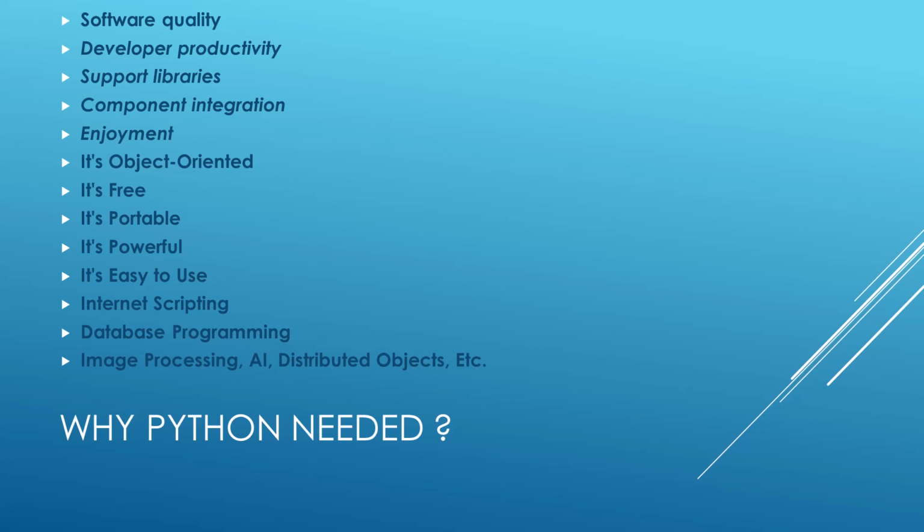Developer productivity. Python boosts developer productivity many times beyond compiled or statically typed languages such as C, C++, and Java. Python code is typically one-third to one-fifth the size of equivalent C++ or Java code, which means there is less to type, less to debug, and less to maintain after the fact.